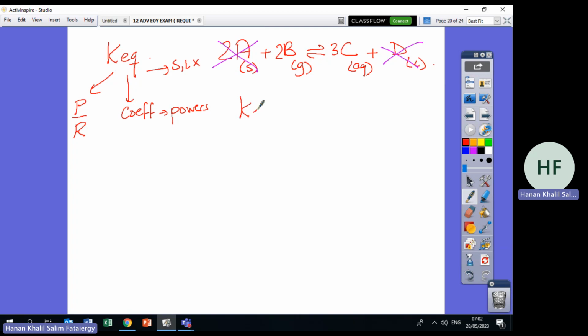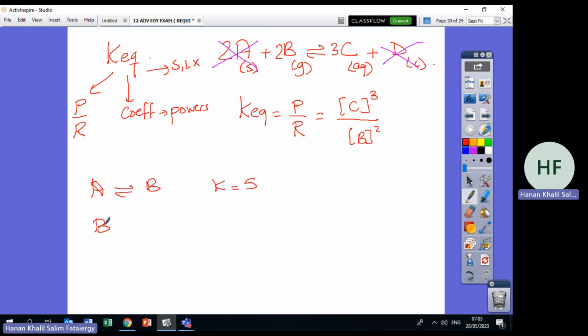Now how do I write KEQ? KEQ is products over reactants. The products are C power 3 over reactants B power 2. Okay, so these are the rules for writing KEQ. Now if I say for you, you have this reaction A in equilibrium with B and the K is 5.